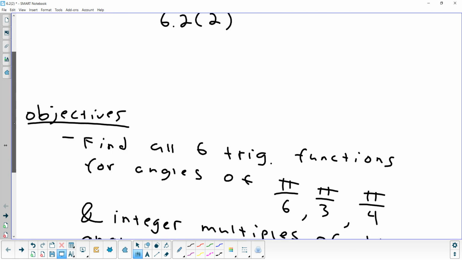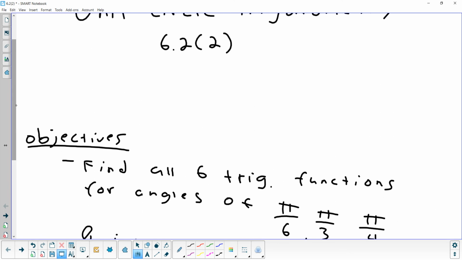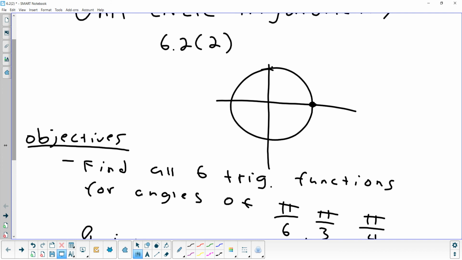All right, so let's think about the angles that we already know coordinates for. We've got the 0, 90, 180, and 270. 0, and the coordinate for that is 1, 0. How about the coordinate for 90?